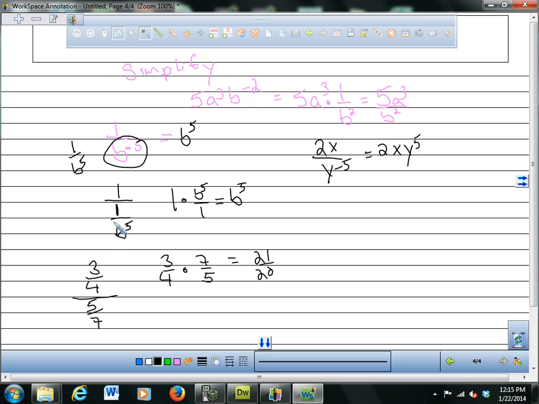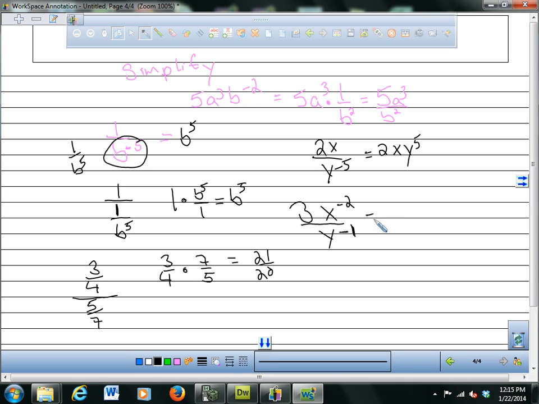Okay, you try this one. Who's got this one? Here's an especially tricky one. Let's do 3x to the negative 2 over y to the negative 1.